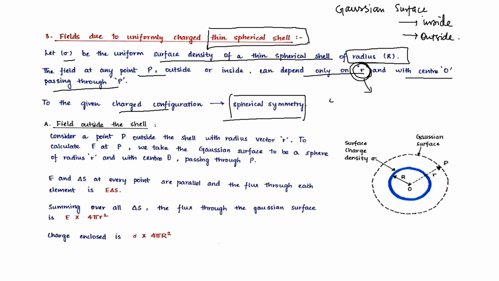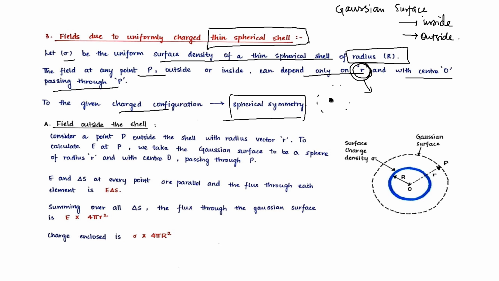If this is the center of the sphere, anywhere on the surface, in any direction, the distance is the same, and the amount of charge and the force that the charge is facing, everything is the same. So we have spherical symmetry.